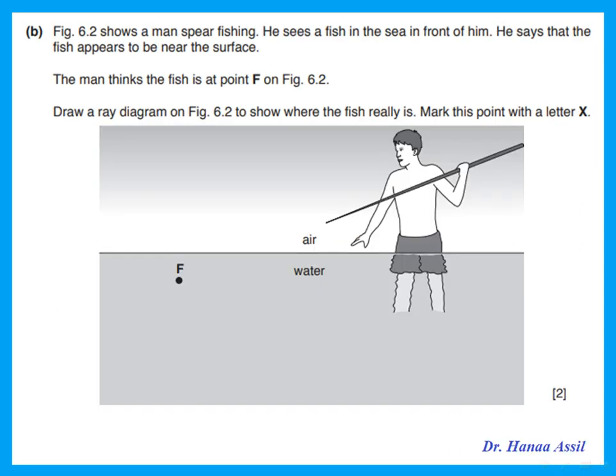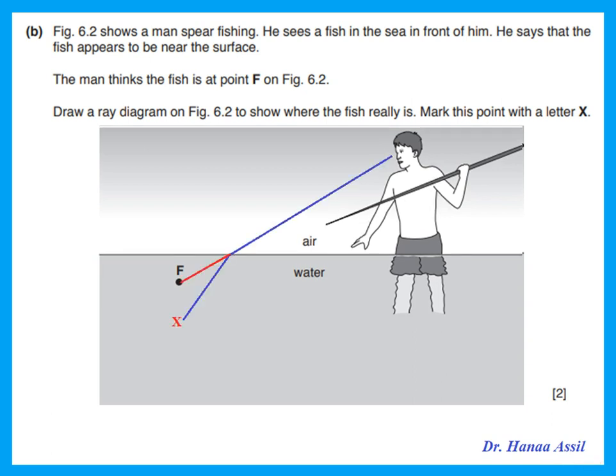Figure 6.2 shows a man spear fishing. He sees a fish in the sea in front of him. He says that the fish appears to be near the surface. The man thinks the fish is at point F. Draw a ray diagram to show where the fish really is. Mark this point with a letter X. So if he's looking from air to water, what is happening?